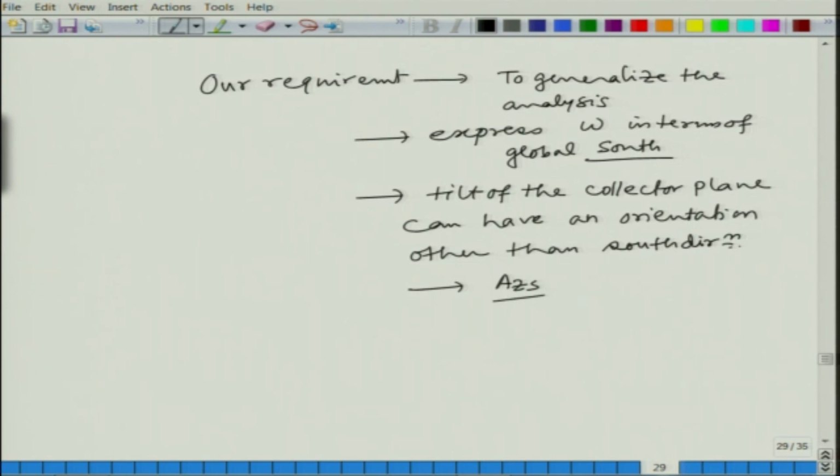So, with these two goals, one is this, the other one is this, we will now delve into a problem where we will do a completely generalized analysis, and this is a little more complicated than what we saw in today's class. And here I stop, and we will start this new analysis in the next class.